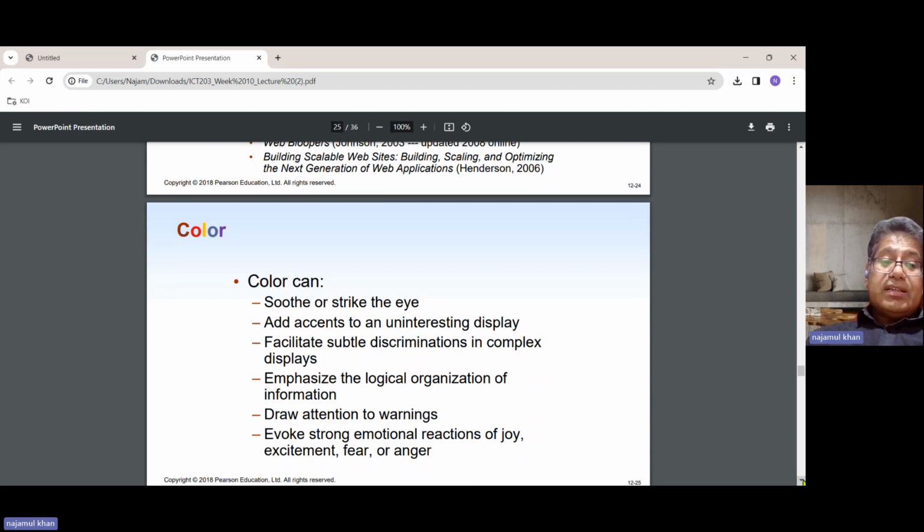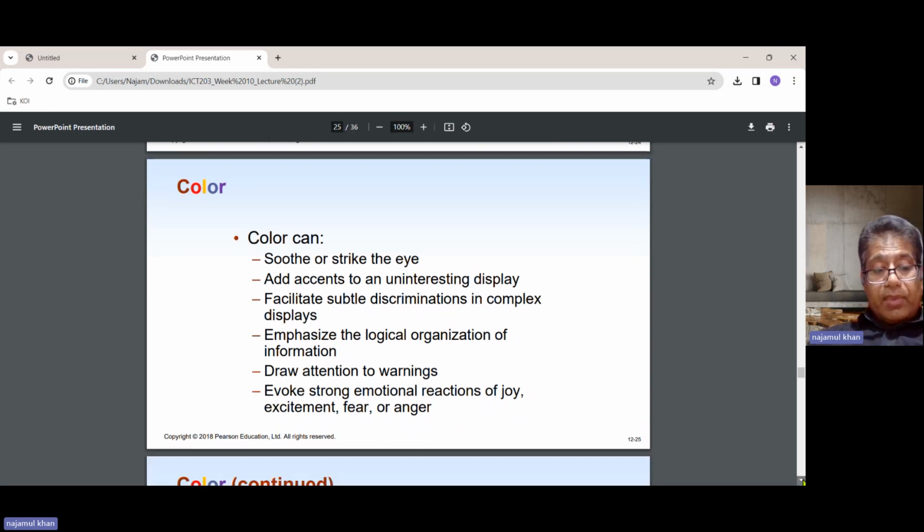It can facilitate subtle discrimination in complex displays, emphasize the logical organization of information, can draw attention to warnings, and can evoke strong emotional reactions of joy, excitement, fear, anger. So color management needs to be 100% correct. So please do mention this as one of the important elements of your good website design in your assignment.